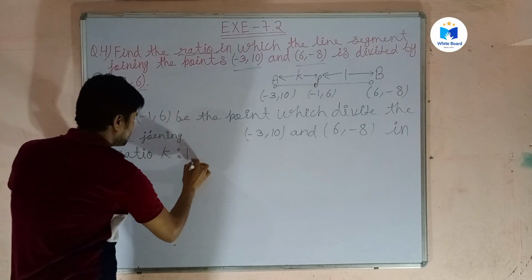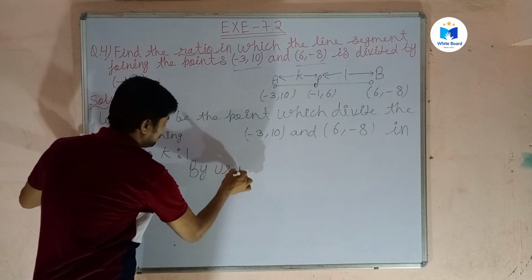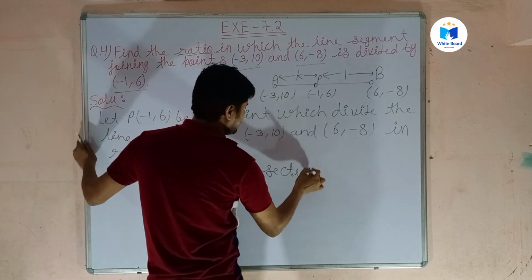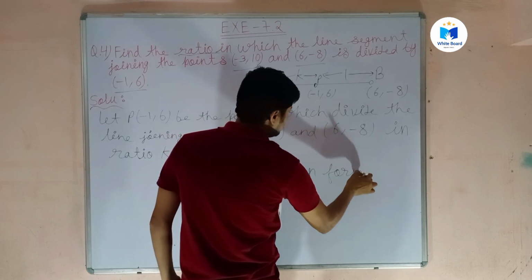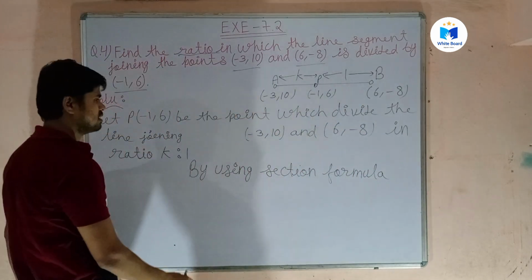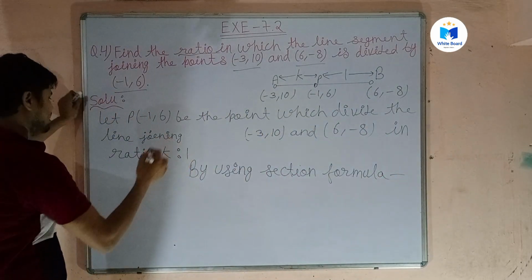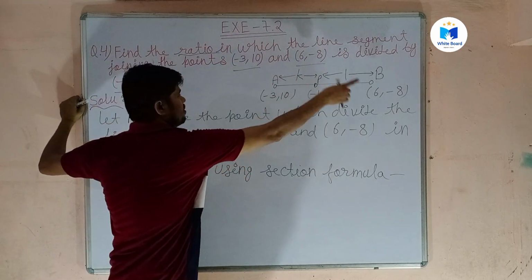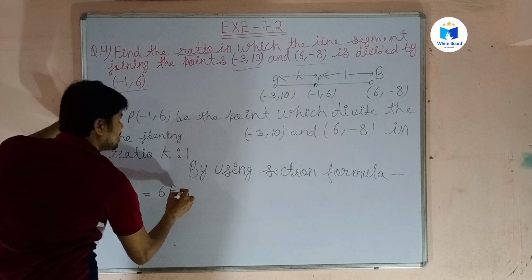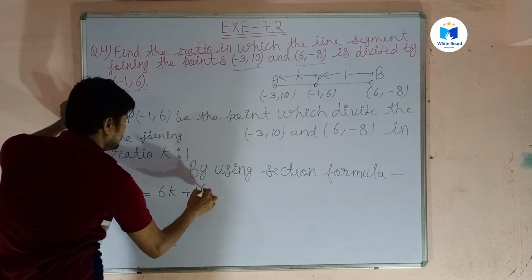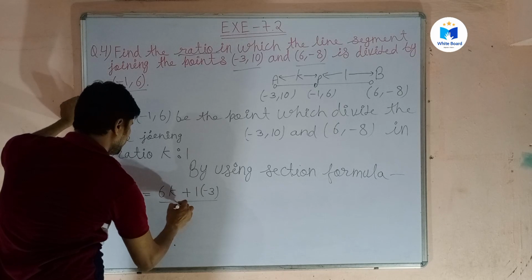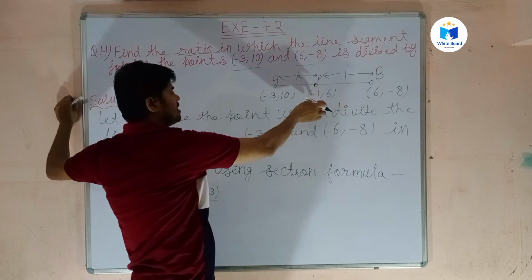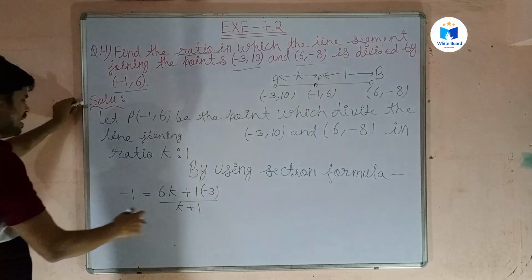Because we have the ratios, by using the section formula the coordinates of that point are given, and we can easily find the ratio. The x coordinate of point P, that is -1, equals (K multiplied by 6 plus 1 into -3) upon (K plus 1), because with the help of this ratio we find its x coordinate, and the x coordinate is given as -1.